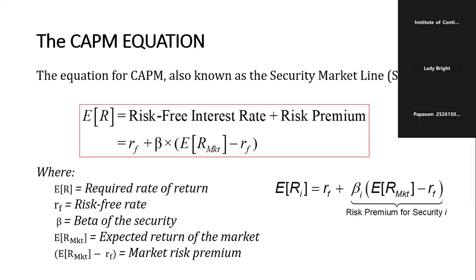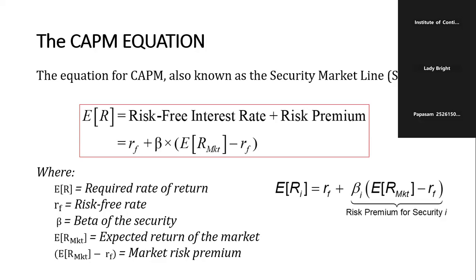For example, you are an investor, you have money, you didn't go to buy treasury bills, you went to buy Fan Milk shares. You didn't buy the T-bill, which is stable.